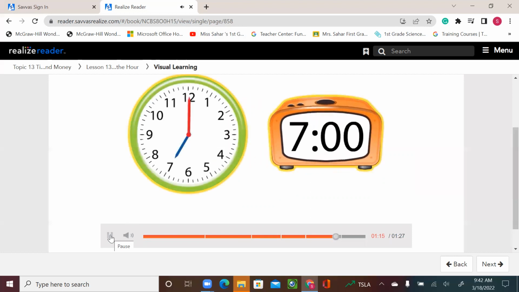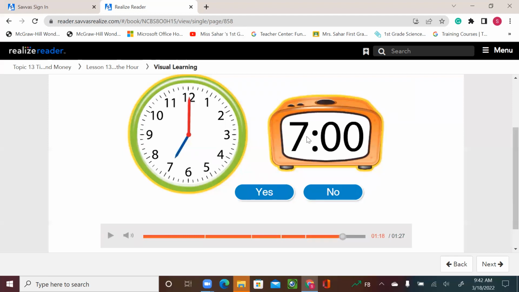Compare the two clocks. Do they show the same time? Select your answer. I look at the round clock or the analog clock, and I can see the hour hand pointing to 7 and the minute hand, the long hand, pointing to 12, so that's 7 o'clock.